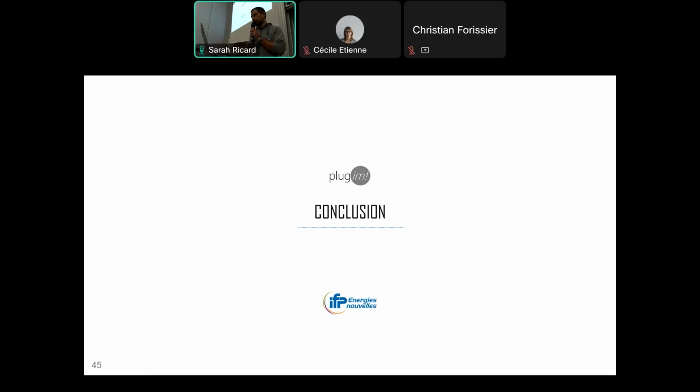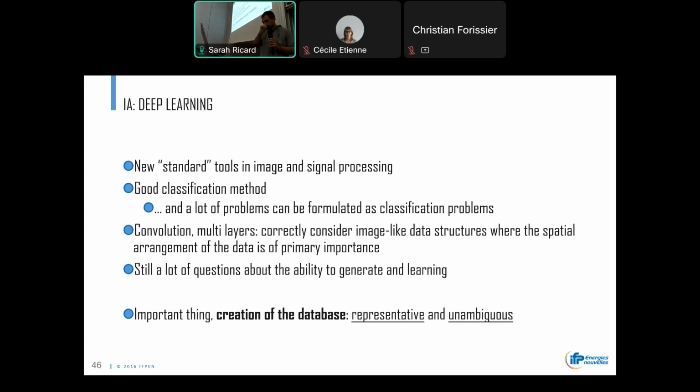So I go to the conclusion. I hope I presented you some things and convinced you that deep learning is a new standard tool, especially in image and signal processing. And now you know it with ChatGPT and so on, also in text processing and generative processing of text or images.